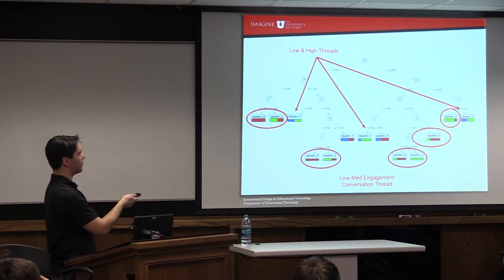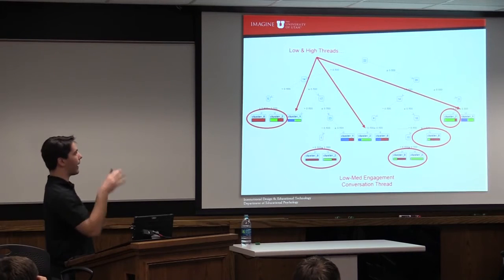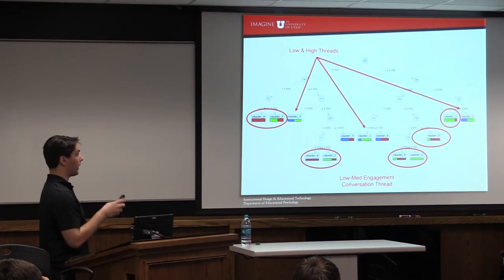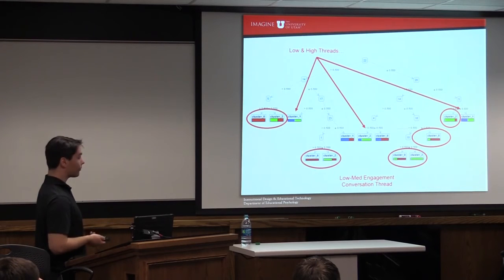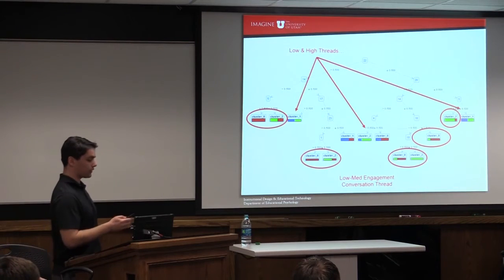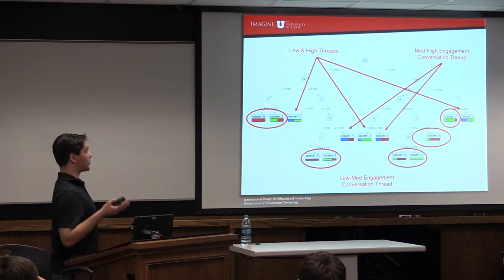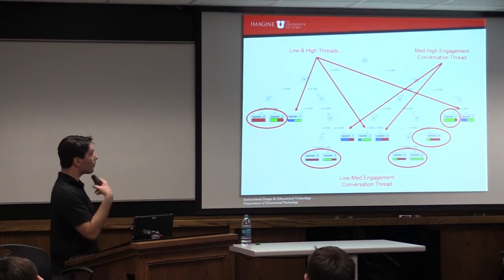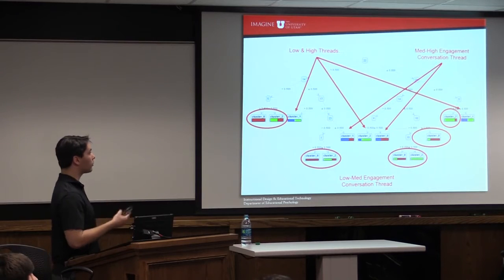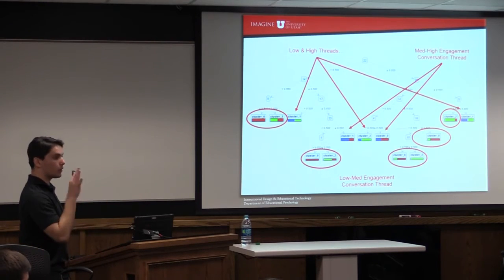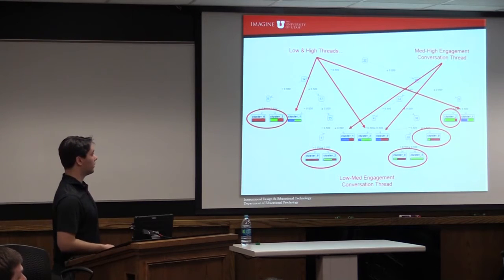We would have to go back to some of that process data to look at individual differences to explain why both of these groups are falling together under the same conversation threads. And then finally, the medium and high engagement groups are probably the conversation threads that we want to most promote, to take a look at the topics that were discussed to see what really got people interested during the tour.